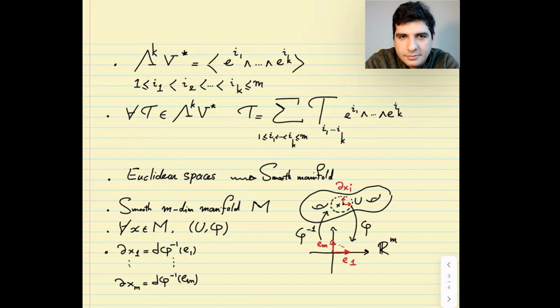So we get m vectors tangent to the manifold at the point x. Schematically, this plane is the tangent space to M at the point x.